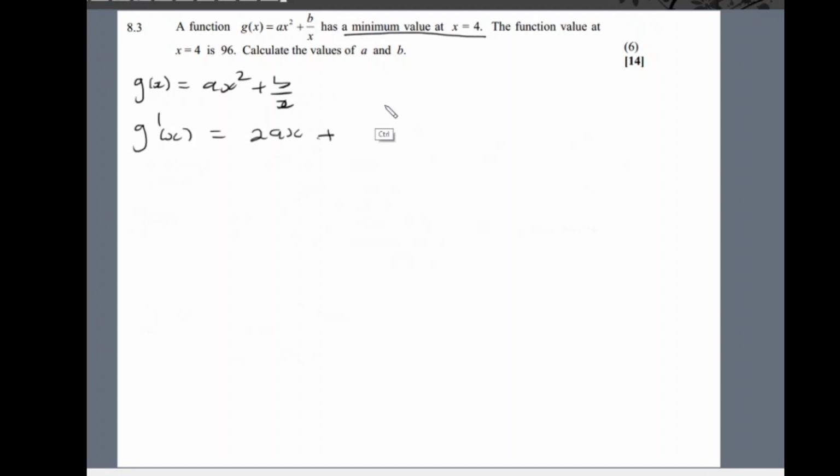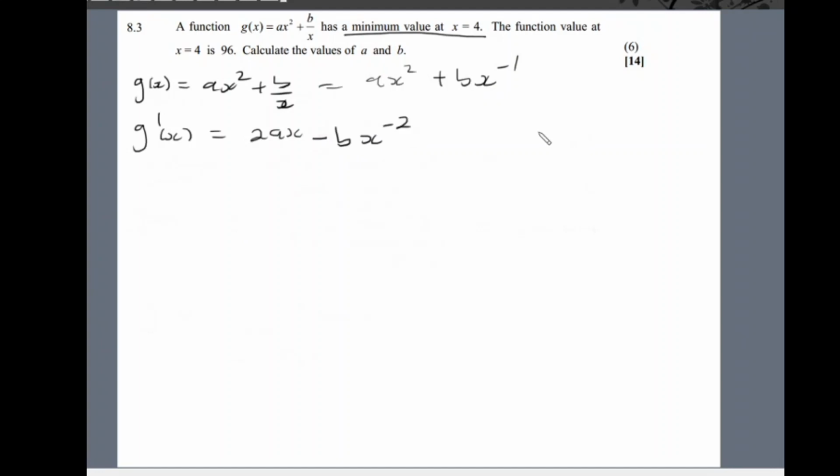In order to apply the rules of differentiation, we have to rewrite this function as ax squared plus b x to the power minus 1, right? So now I can apply the rules of differentiation on this expression. The first term is still 2ax, and then the second term, when I differentiate it, I'll have minus b x to the power minus 2.